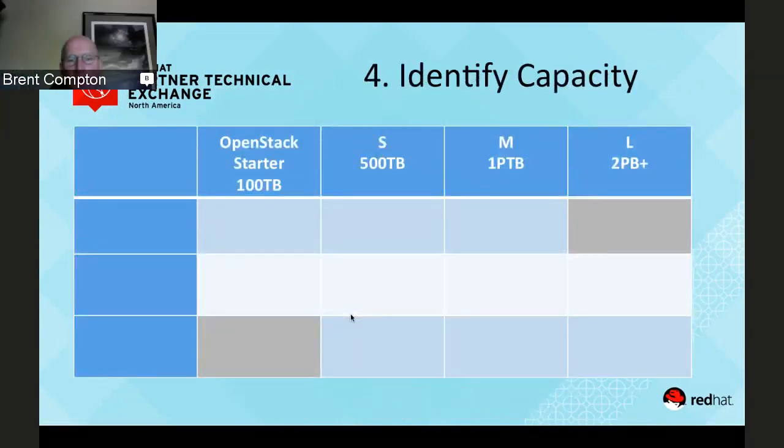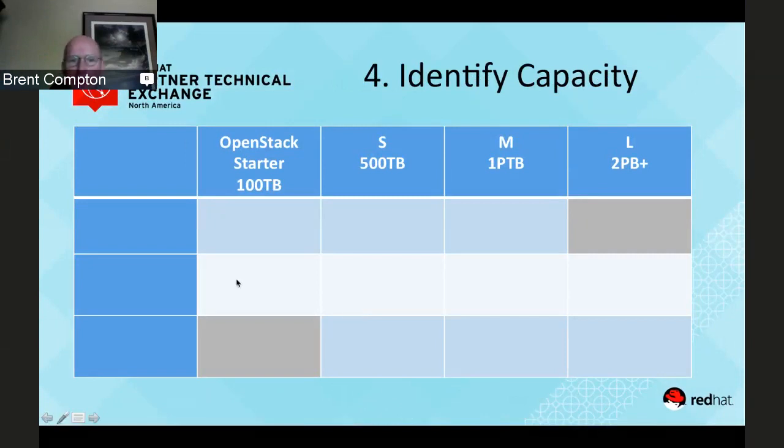Then the fourth one, identifying capacity. At face level, one might say, well, what does that really have to do with the reference architecture? Well, it comes back to the previous slide or the previous conversation about fault domain considerations.